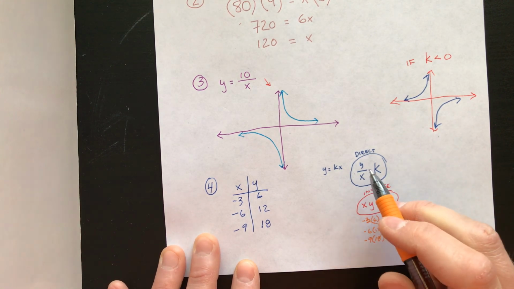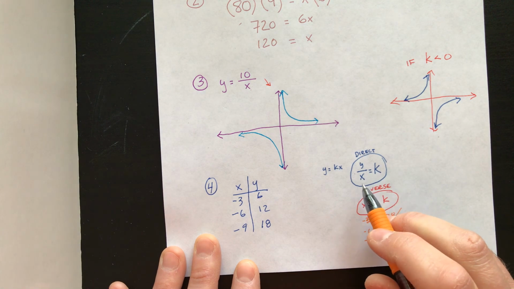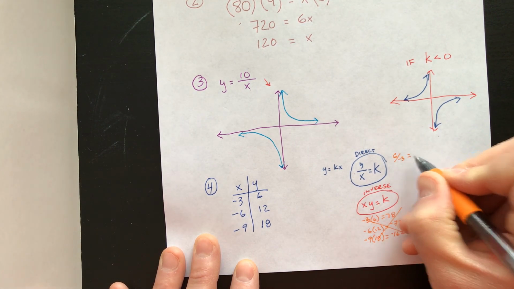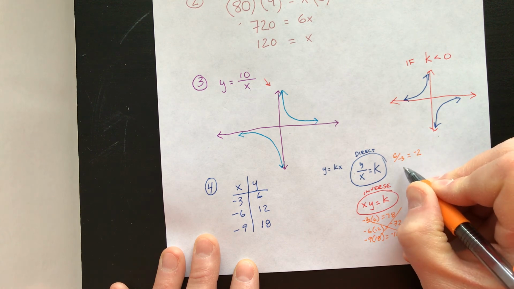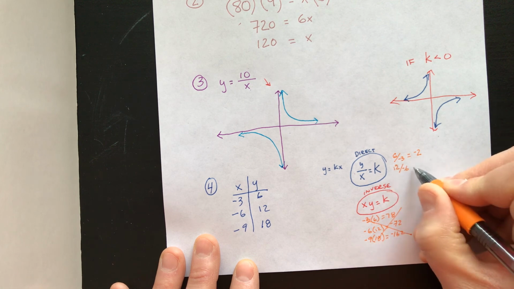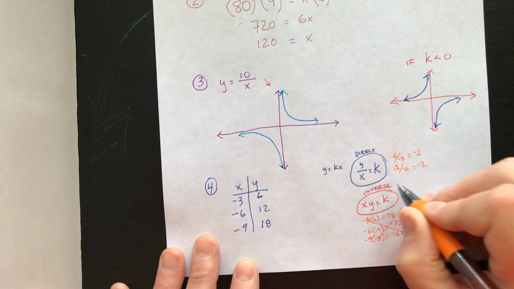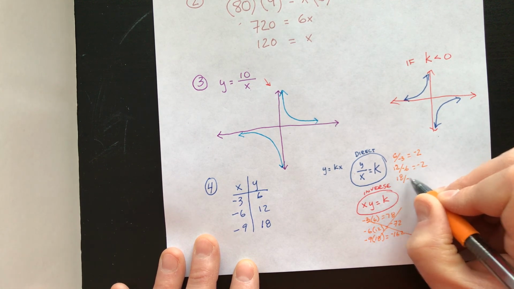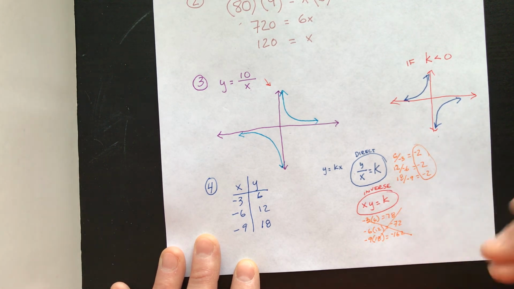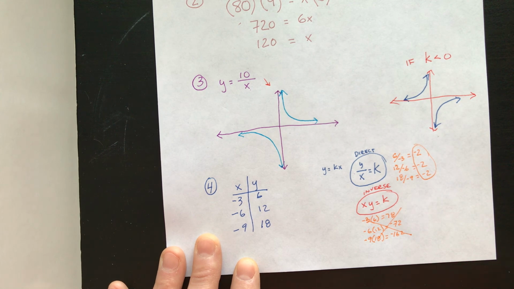So let's check direct variation. Y over x. So 6 divided by negative 3 is equal to negative 2. 12 divided by negative 6 is equal to negative 2. 18 divided by negative 9 is equal to negative 2. These are all the same. My constants are the same.